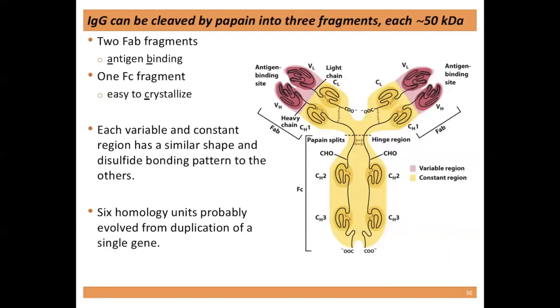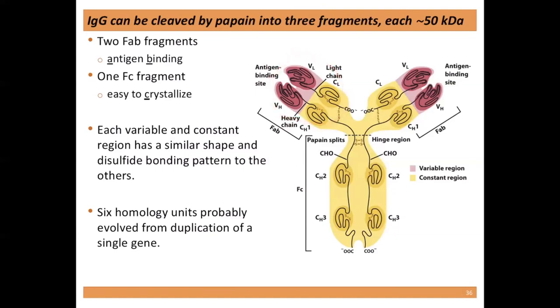So they knew that this was the part that bound the antigen, and so it cleaves here, and you get this part that binds antigens, and then you get the Fc fragment, which is the easy to crystallize fragment, which is kind of this stem down here. And so when you talk about the Fab and the Fc fragments, that let them know that the recognition of the molecule is happening up at this end.